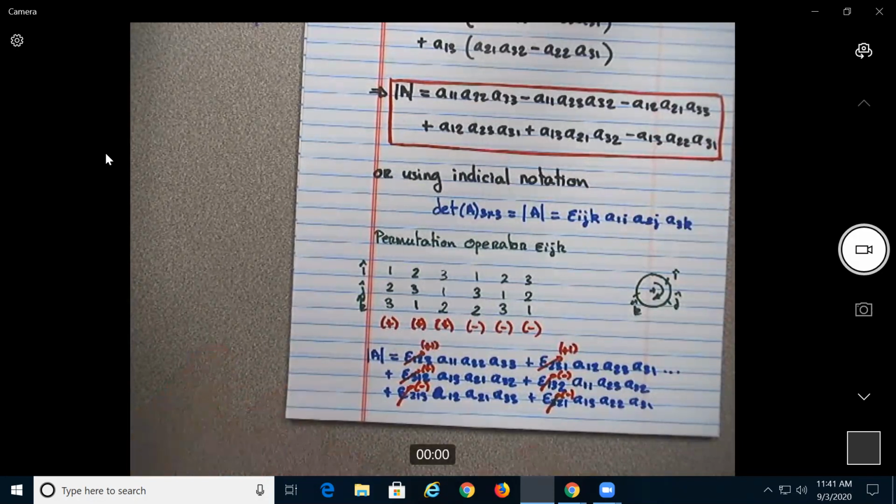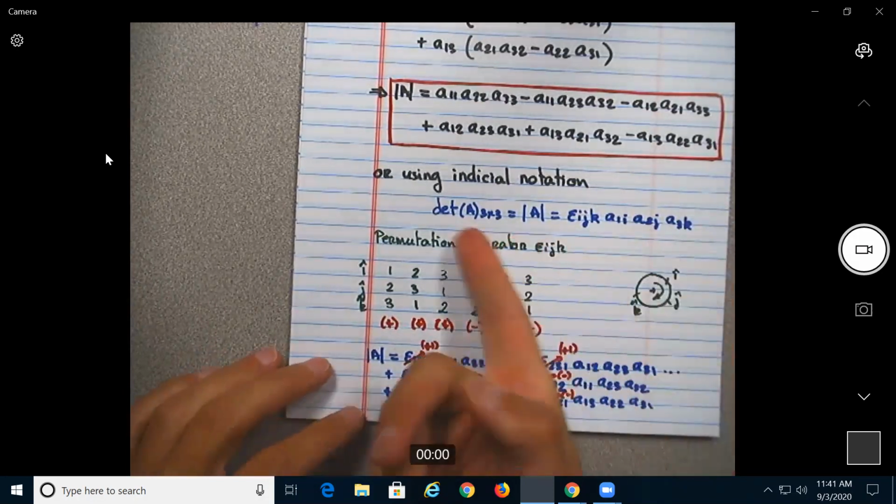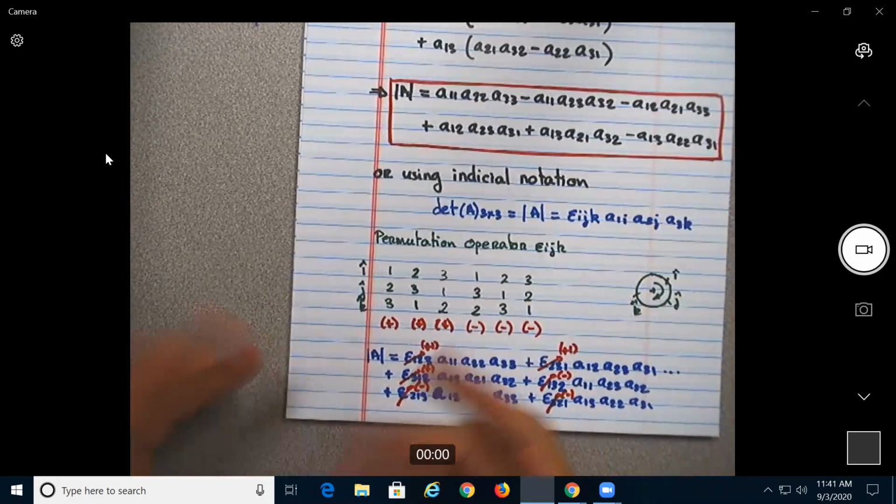All right, so now that we did the 2 by 2 and the 3 by 3, we can expand this equation here to any n by n matrix.